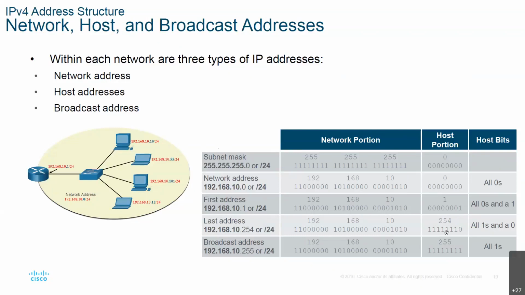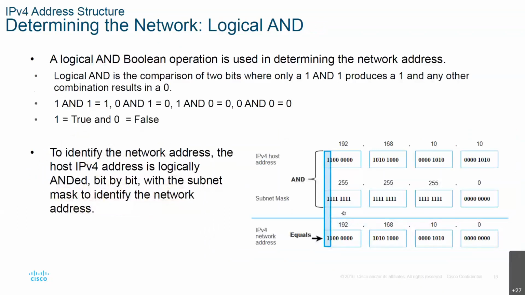You have to understand this, because in the exam and the lab that you're going to do today, it's not a packet tracer lab, it's a calculation lab. And you have to understand this because you have to show what your network address is, what your host address is, what your broadcast address is, and you have to show your ANDing.